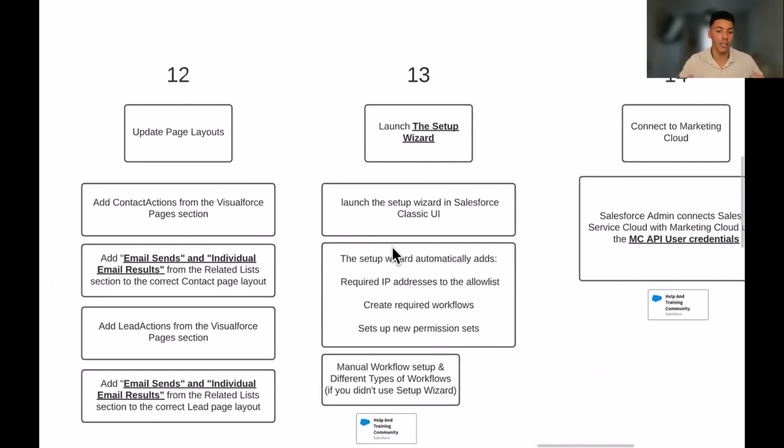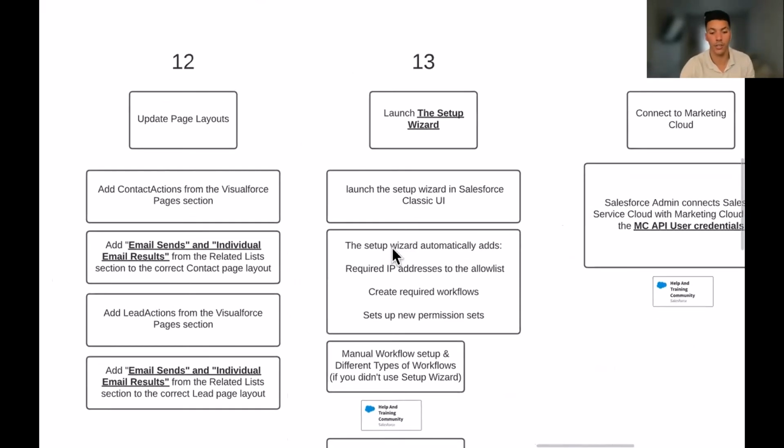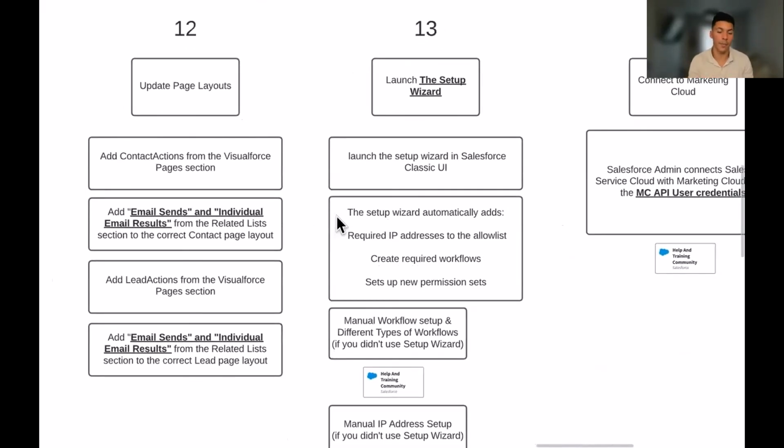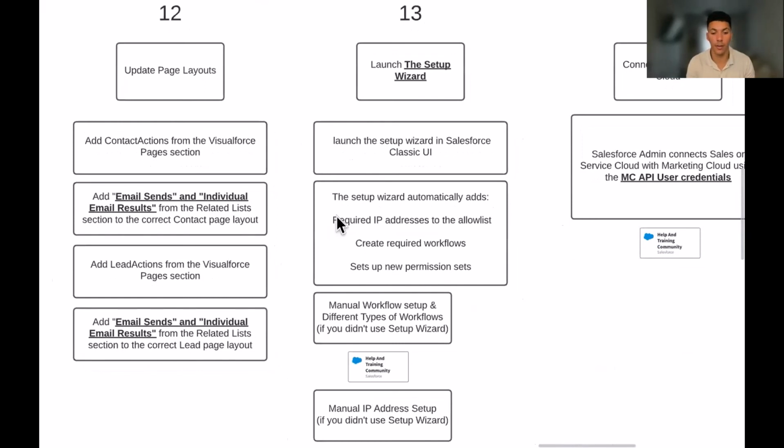And once you launch the setup wizard, essentially what you're doing here is you're determining your IP addresses that you want to allow list. You're creating your required workflows, and you're setting up new permission sets inside of here.